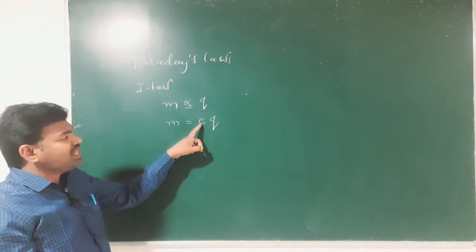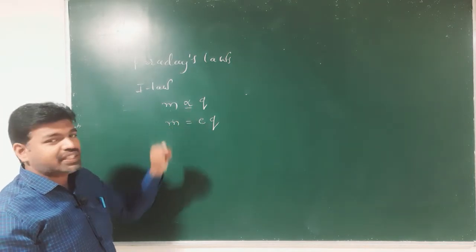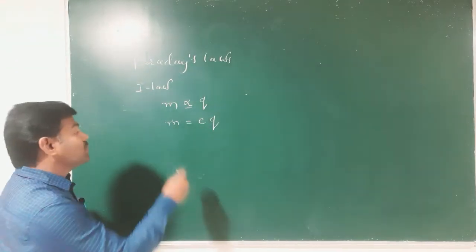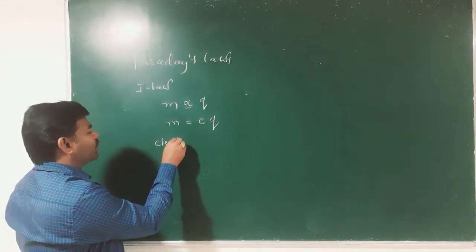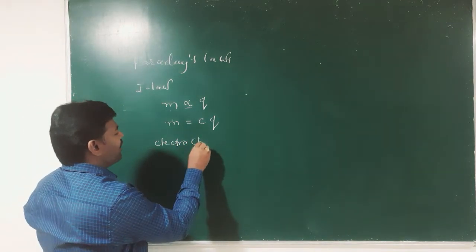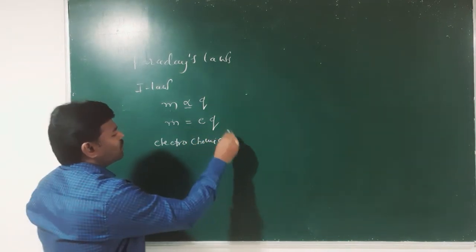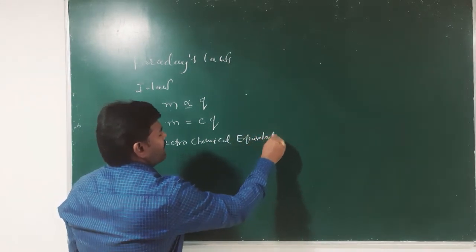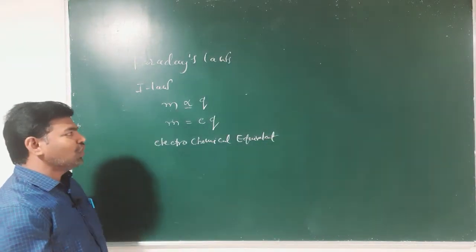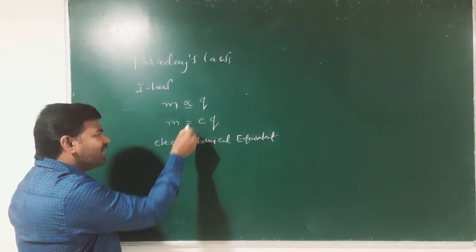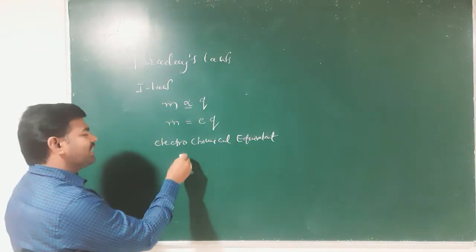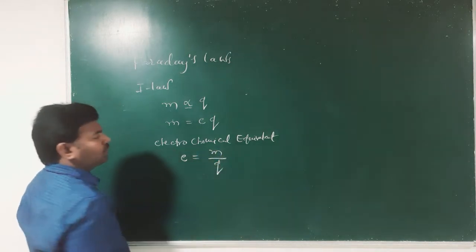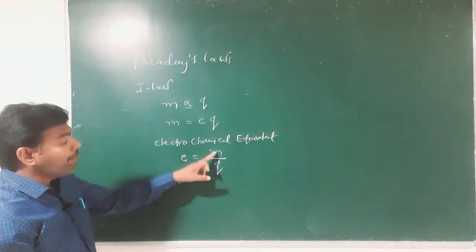This E is called the proportionality constant, and usually we call this constant the electrochemical equivalent. We can define the electrochemical equivalent as E is equal to m by q.